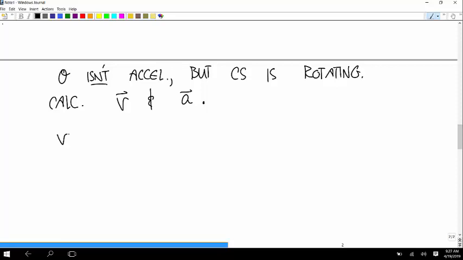Okay, well, the velocity vector is, we'll think of this as the components of the position vector.